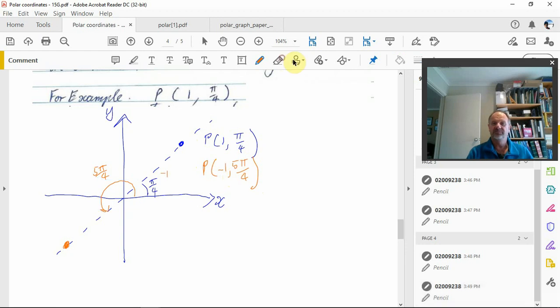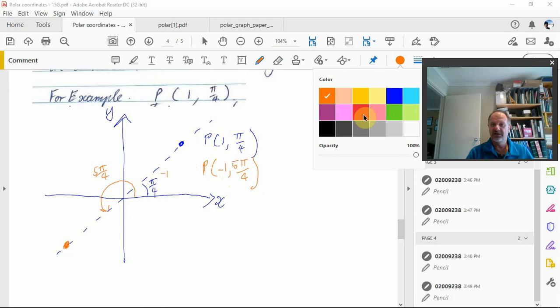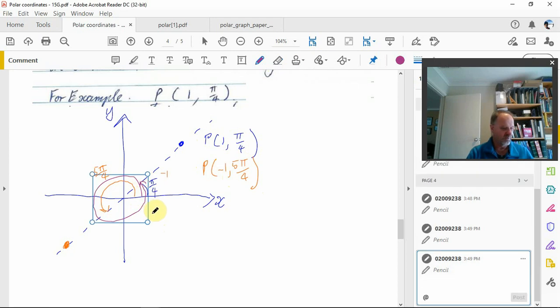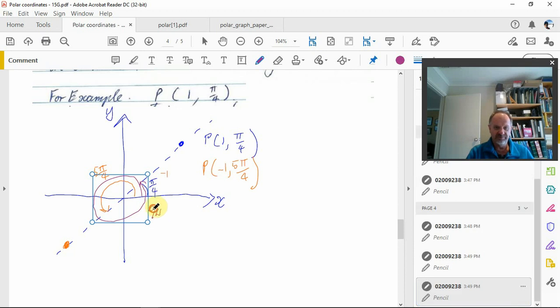Another one, let's go purple. So instead I could go all the way around to there for my angle, and that angle, all the way around to there, is 2 pi plus pi on 4, which is 9 pi on 4. And then a radius of 1 out, of course, so I could also write that as (1, 9 pi on 4).